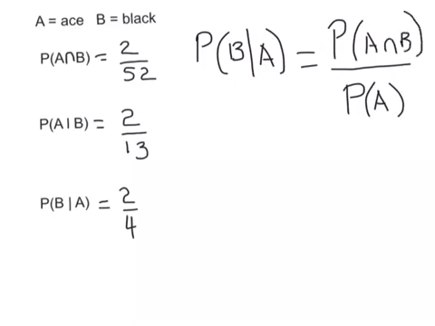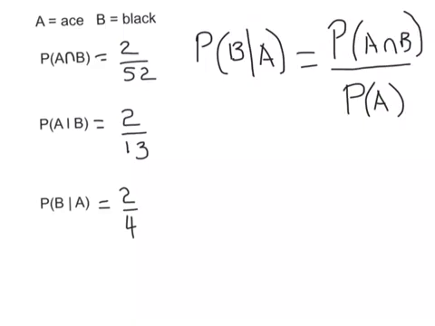And we're going to divide those two. So we're saying, okay, provided that we have an ace, how many of those, basically kind of dividing, how many of this situation are they an ace and black? I'm not sure if I'm saying that right, but this is what we end up with.